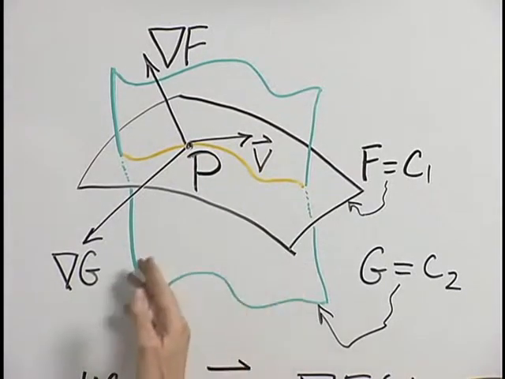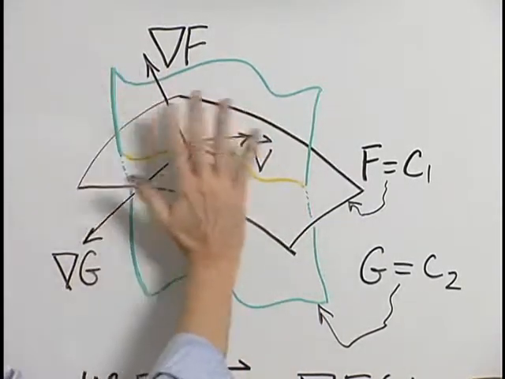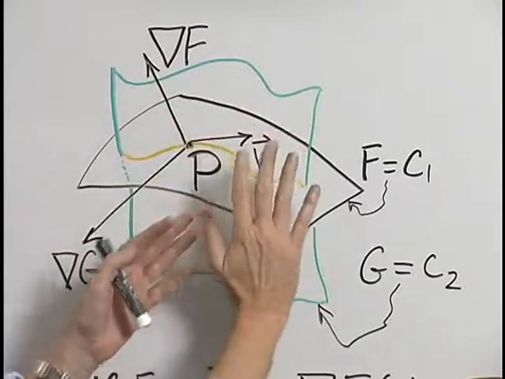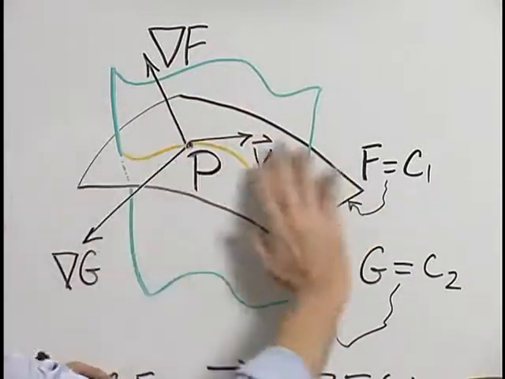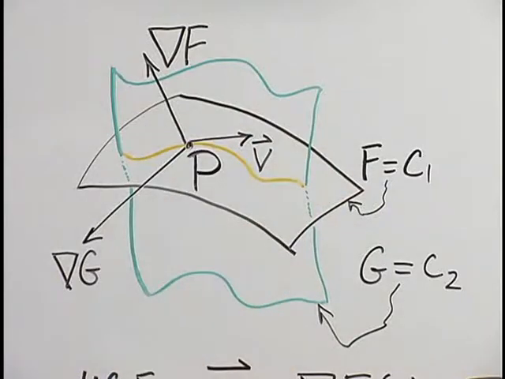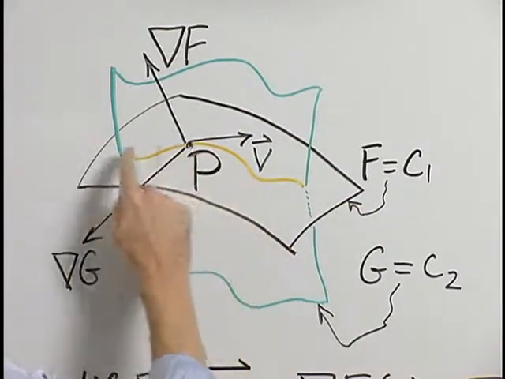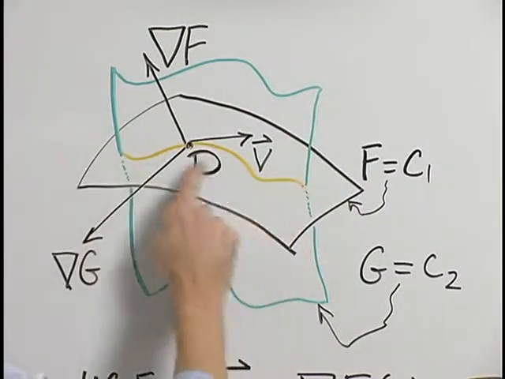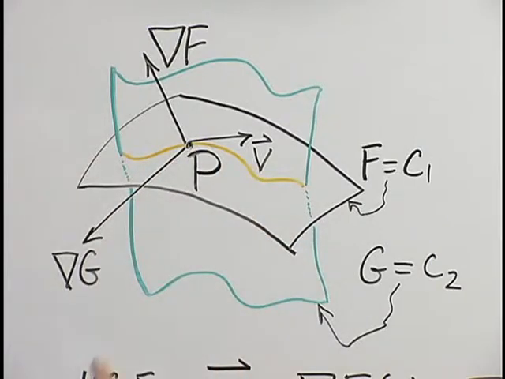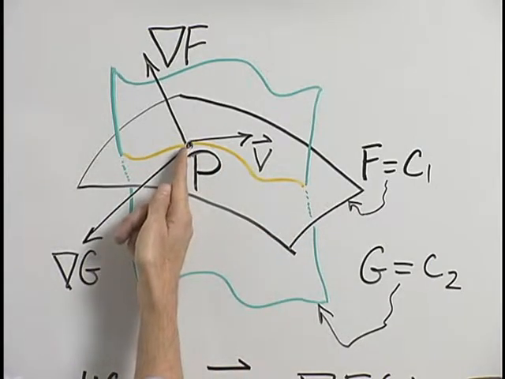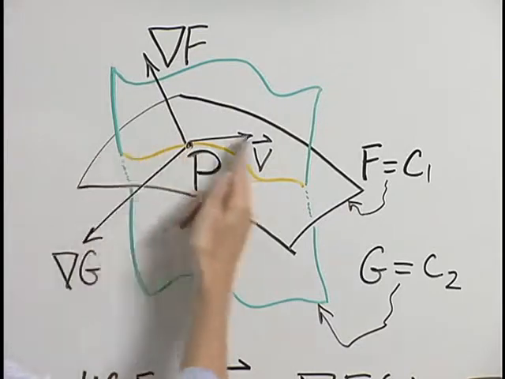So here I've drawn a blue-green surface, think of it as some rubbery sheet, and here in black another surface, some other rubbery sheet, and think of them as intersecting in ghost-like fashion in some curve that I've drawn in yellow.